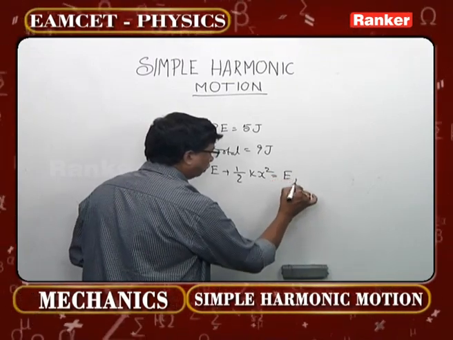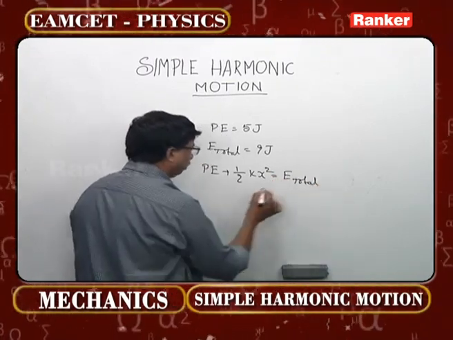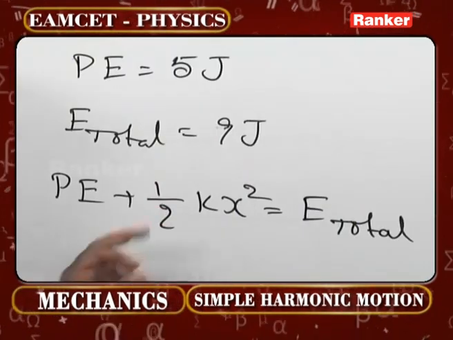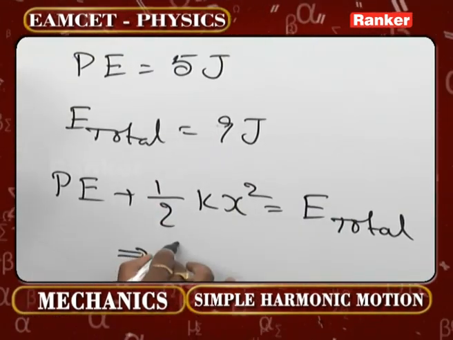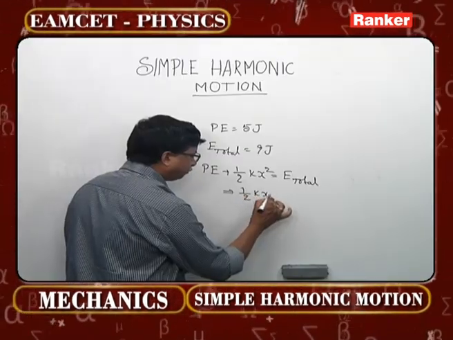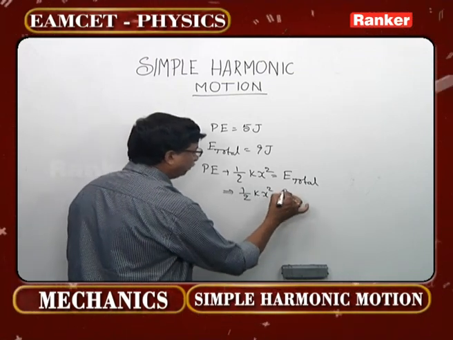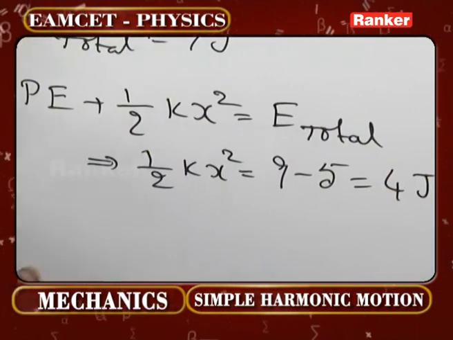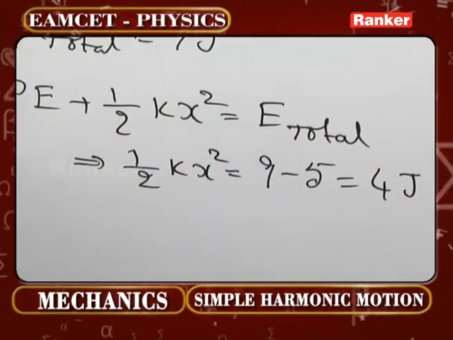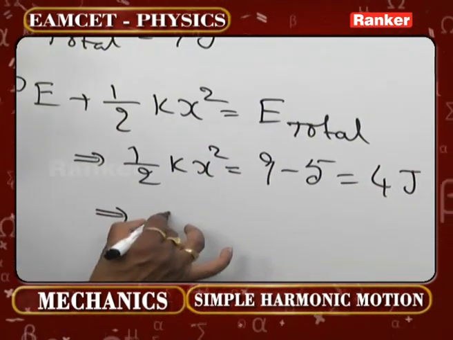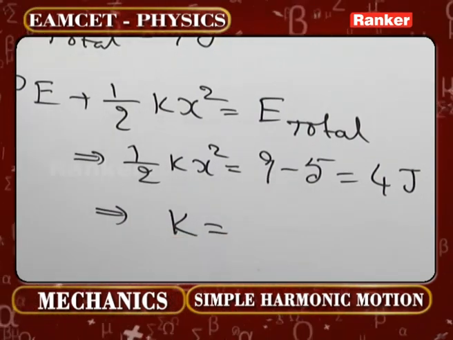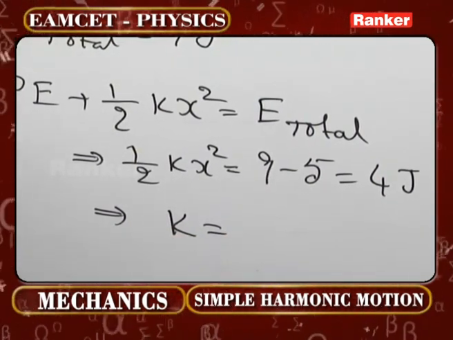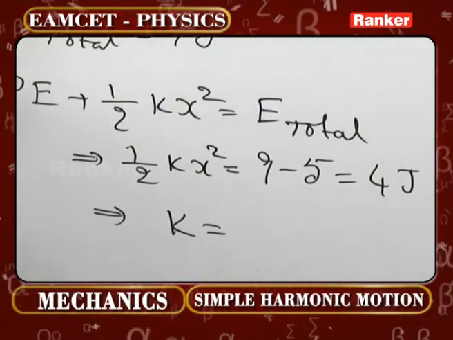That means total energy can be equated to potential energy plus half kx square. Then what will be the value of half kx square from this one? Total energy 9 minus 5, which now is going to be 4 joule. That is the corresponding value. Then what will be the value of K? K is called force constant of the oscillator, or spring constant also we can call it.